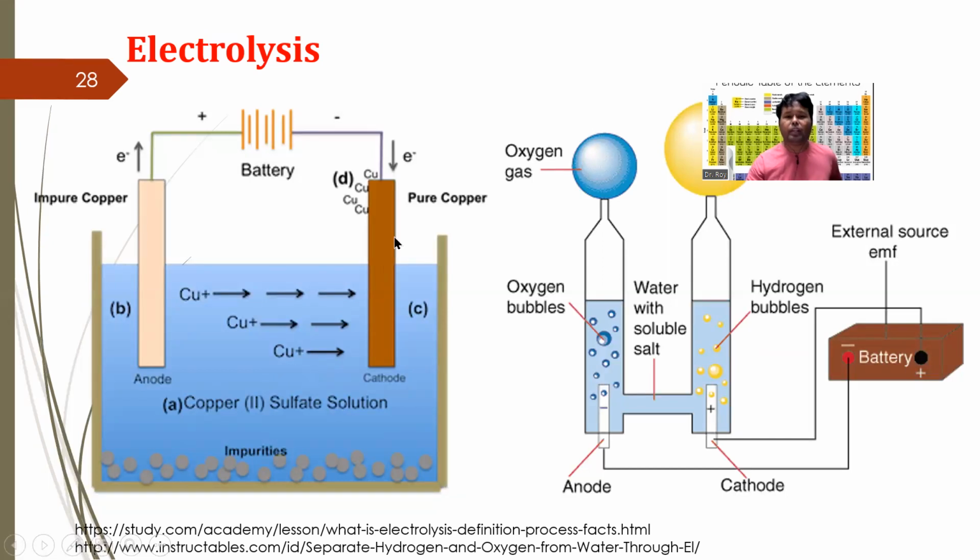This copper ion can gain the electron, so Cu2+ plus electrons becomes copper metal. In that case, the size of the cathode will increase while the electricity is passing through the electrolyte, as the ion gains the electron and the size of the electrode increases. So we can have more copper in the electrode.